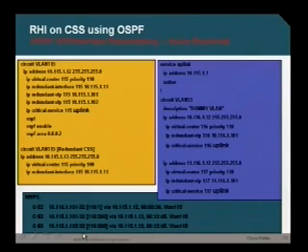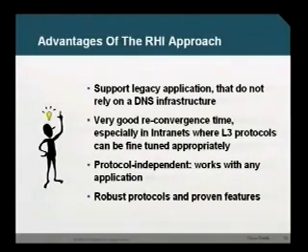Again, we are monitoring the health of the servers and binding that with the availability of the virtual IP addresses. So the key advantage of RHI is that it works with legacy applications which are IP-based. A lot of applications out there are still IP-based. They don't use DNS, so you go directly to a particular IP address.